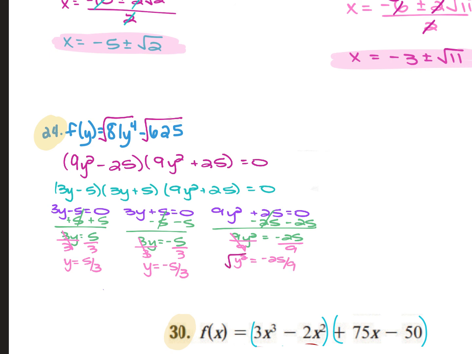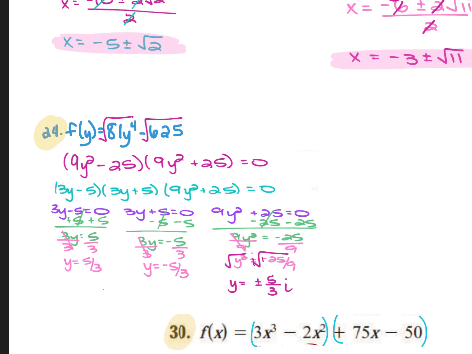From here, take the square root of both sides. You have a negative underneath that radical, so take the negative out. Make sure you put the i in front of it. Then also put the plus or minus there and take the square root of the 25 and the 9. So you have y is equal to plus or minus, the square root of 25 is 5, over the square root of 9 is 3, and you have that i.